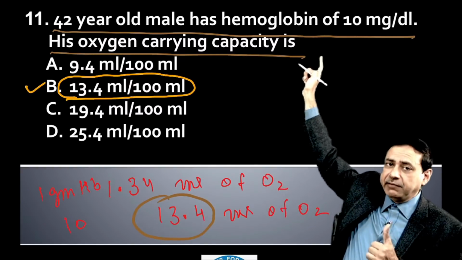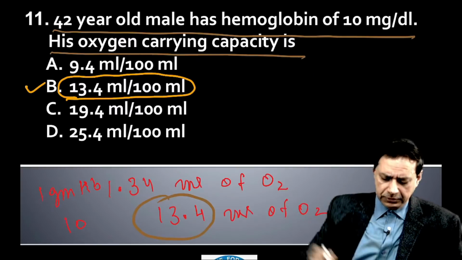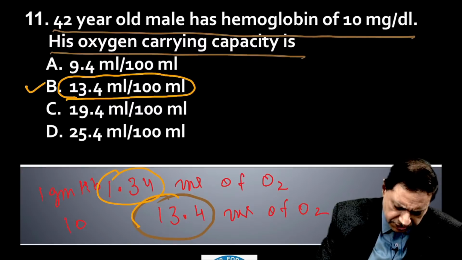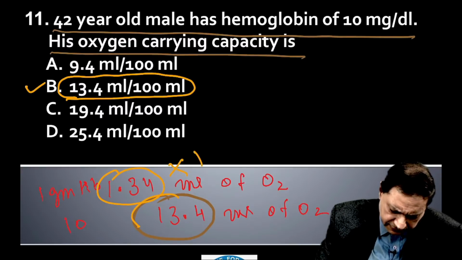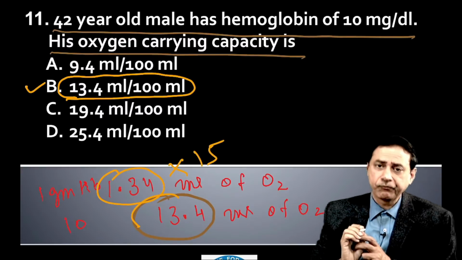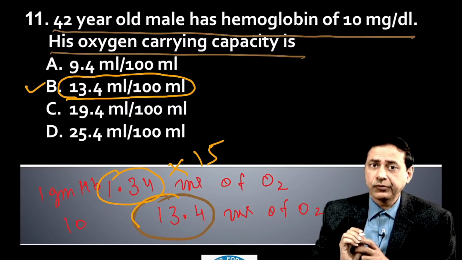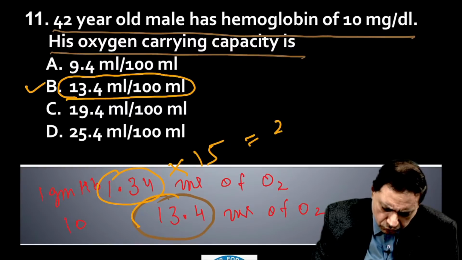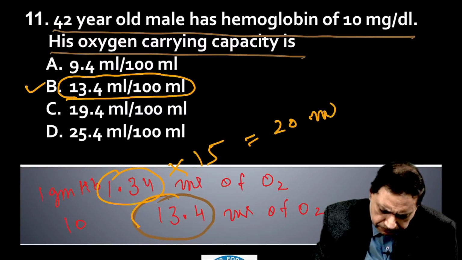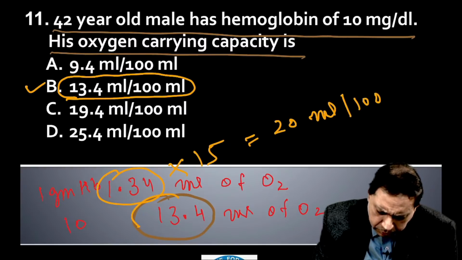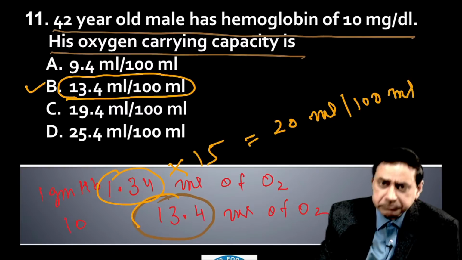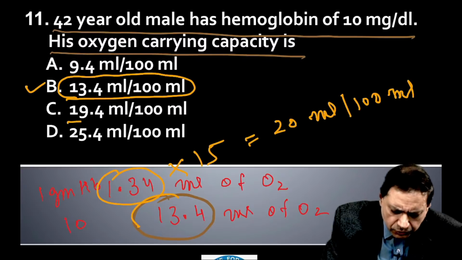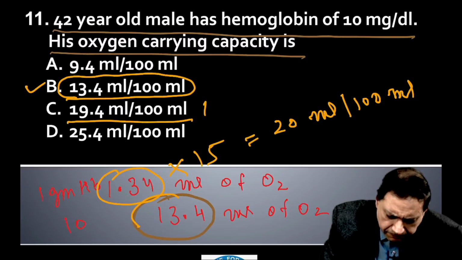Normally, it is 15. So if you multiply 1.34 into 15, the normal, then it will roughly become equal to 20 ml per 100 ml, or roughly 19.4. So this is something which is normal.